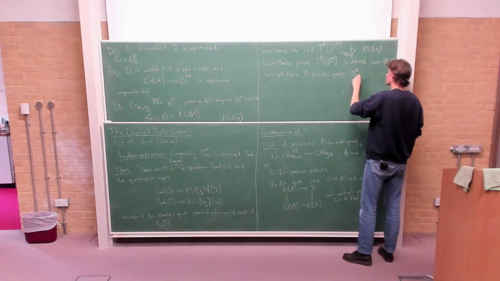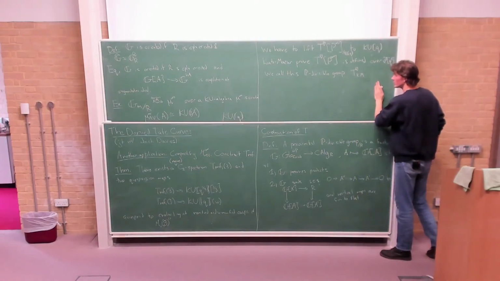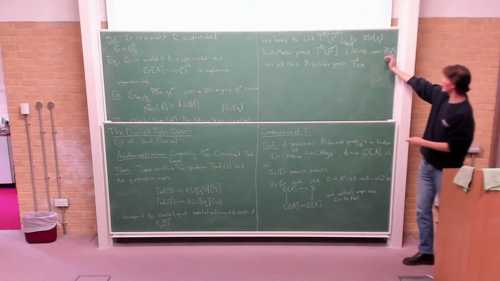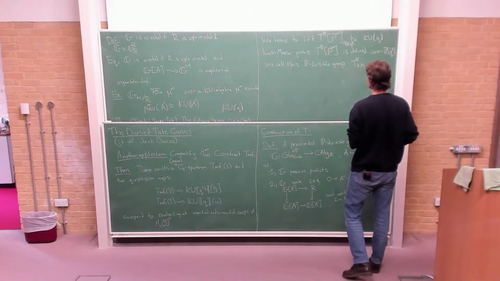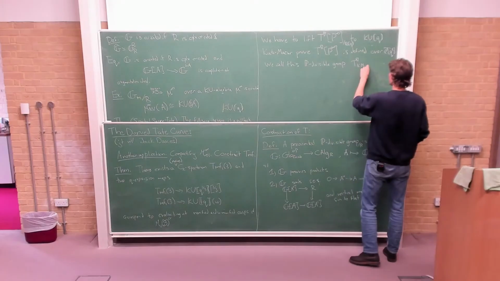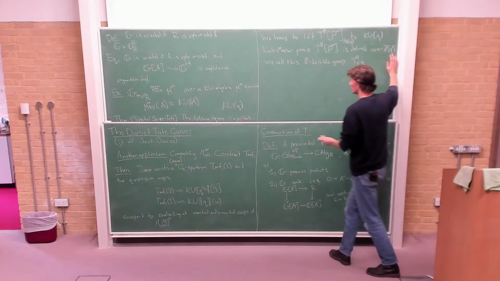So this is some p-divisible group defined now over Z adjoining q plus minus 1. And in fact, we just have to lift this to KU adjoining q plus minus 1.